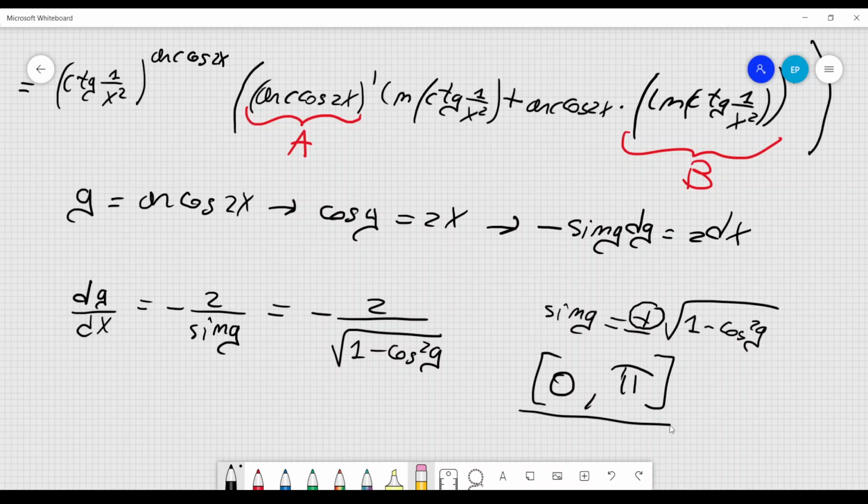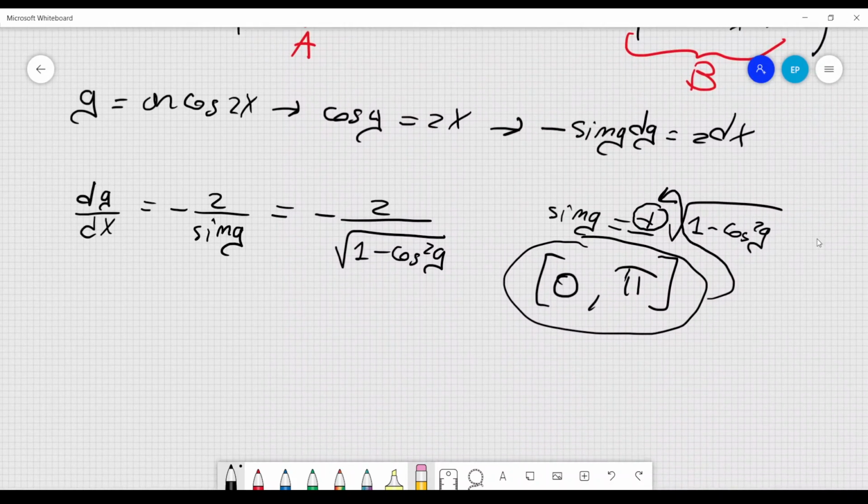In this interval the sine is positive, so that's why we have to choose the plus sign. It's not something very intuitive sometimes when you do the calculations, because you have to remember all the definitions for the arc cosine, the arc sine, and so on, the inverse trigonometric functions. But this is how you can do it.